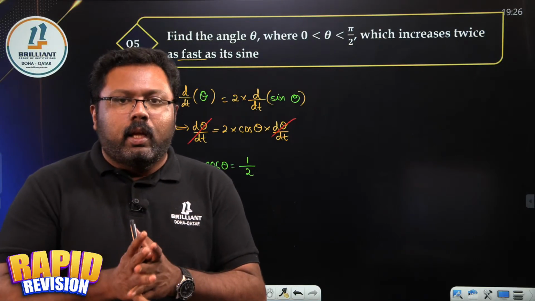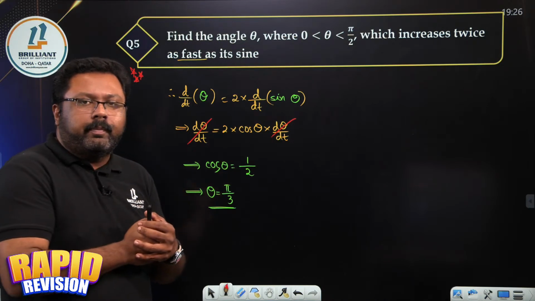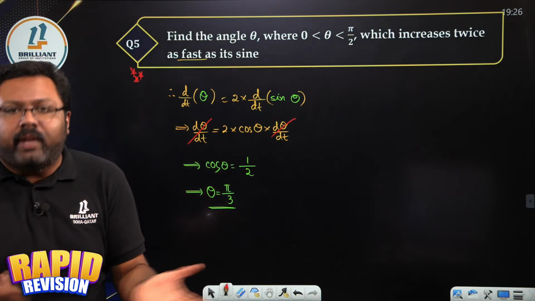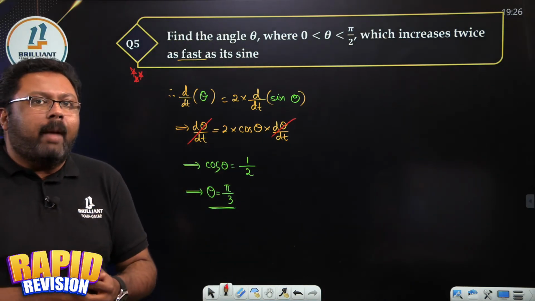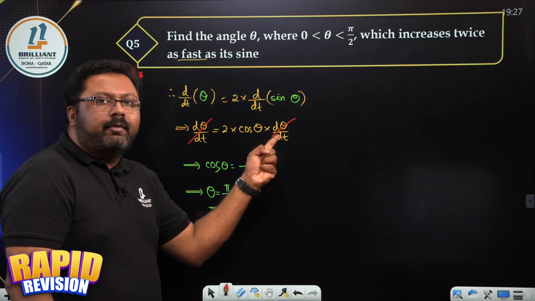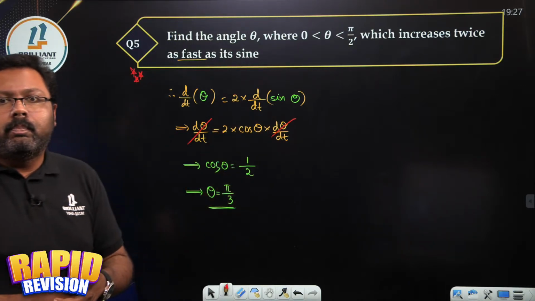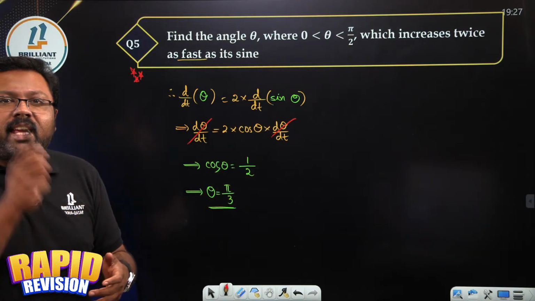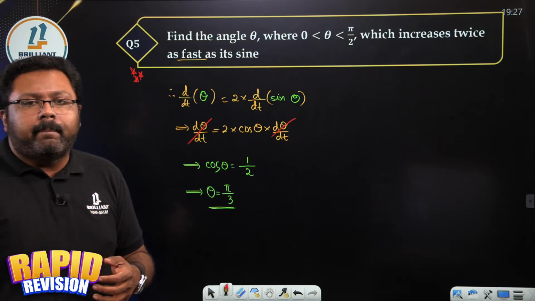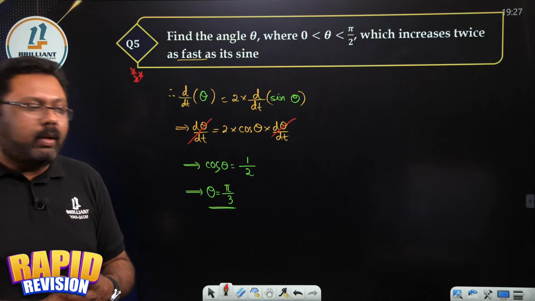So please, my dear students, keep in mind, whenever you're differentiating a function which is in terms of another variable, but differentiation happens with respect to another variable, this kind of derivative form comes at the end of the derivative. Please don't forget it. Please be careful when you're differentiating variables with more than 2 variables in the same equation.